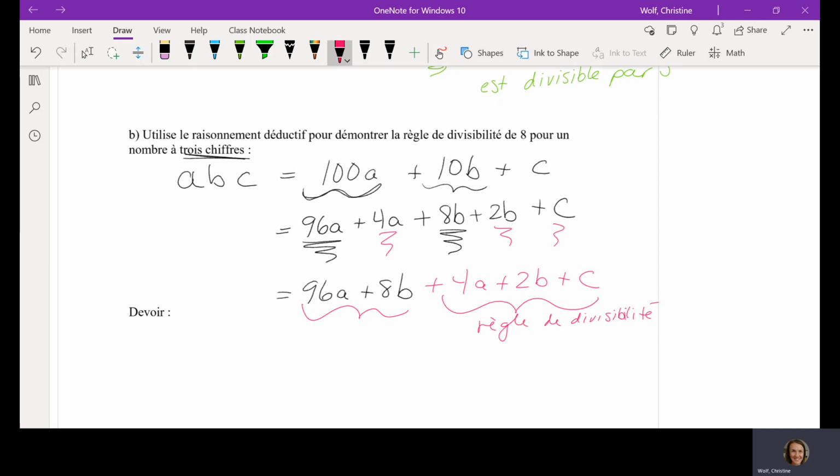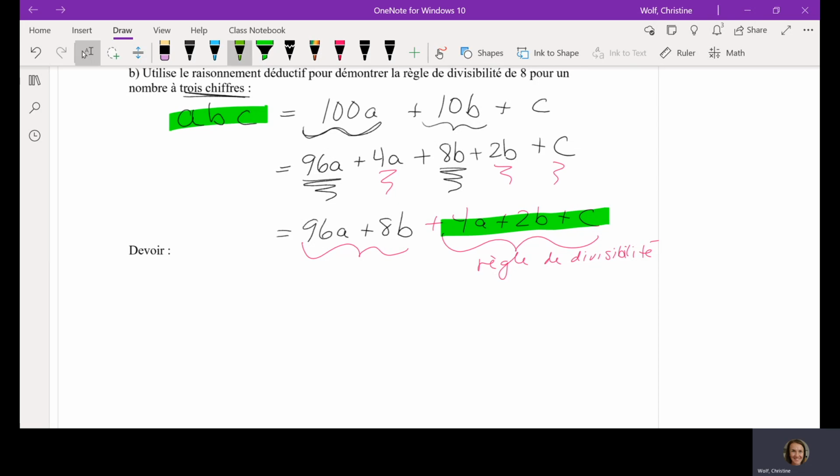Just going to find my sentence here, make sure I'm doing it right. So, notre règle, si on remplit les vides, okay, A, B, C, right, it's our 3 digits. A, B, C est divisible par 8 si 4A plus 2B plus C est divisible par 8.